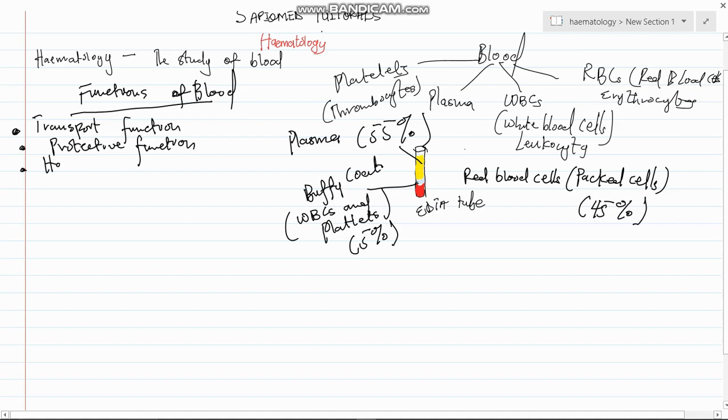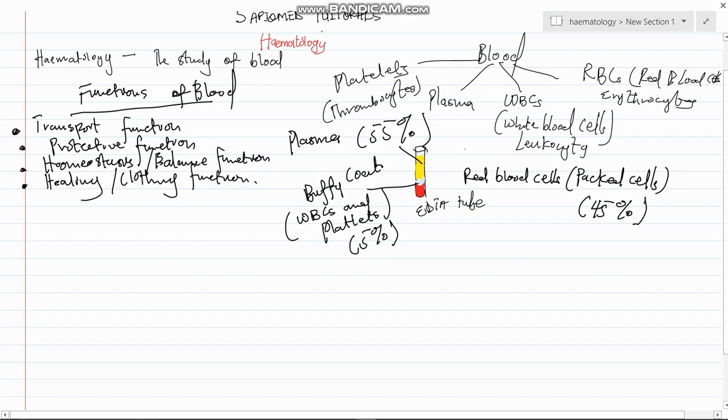Then we can talk about homeostasis, that is the balance function. Okay, so maybe we can talk about, let's say, healing. That is when we talk about the platelets. Healing, or let's say clotting function.